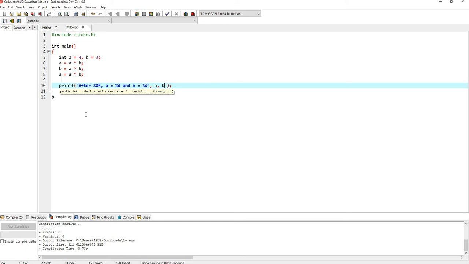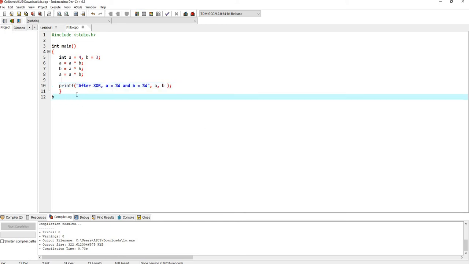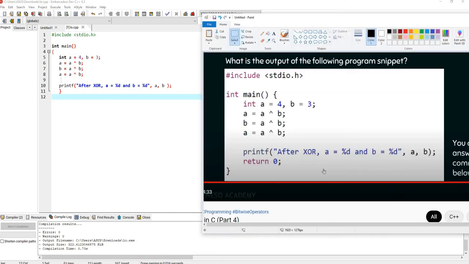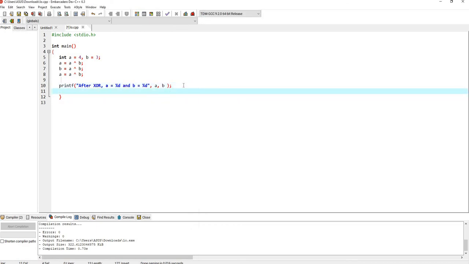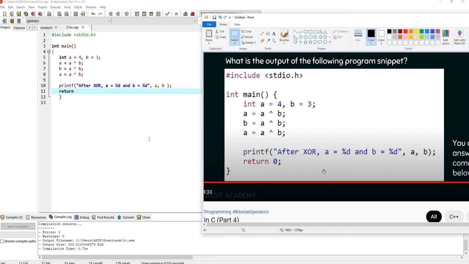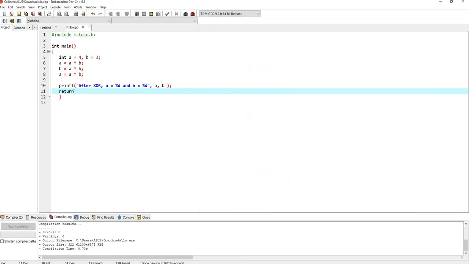Delete. Okay, and then return 0. Hoy! Hoy, huwag kang palit dyan. Makulit.